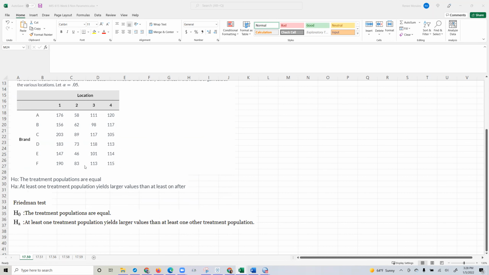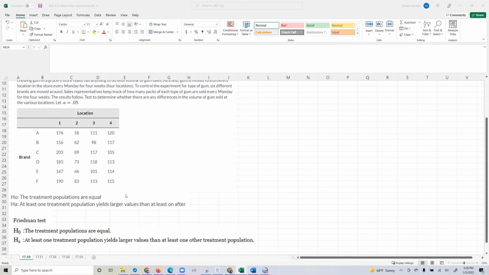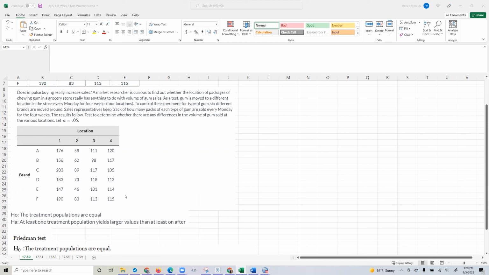So at each different location and brand, the populations are equal, or the alternative hypothesis being at least one treatment population yields larger values than at least one other treatment population. So in this example, we could say that the treatment populations of the gum brands by location are equal versus the alternative, at least one of the gum brands by location yields larger values.